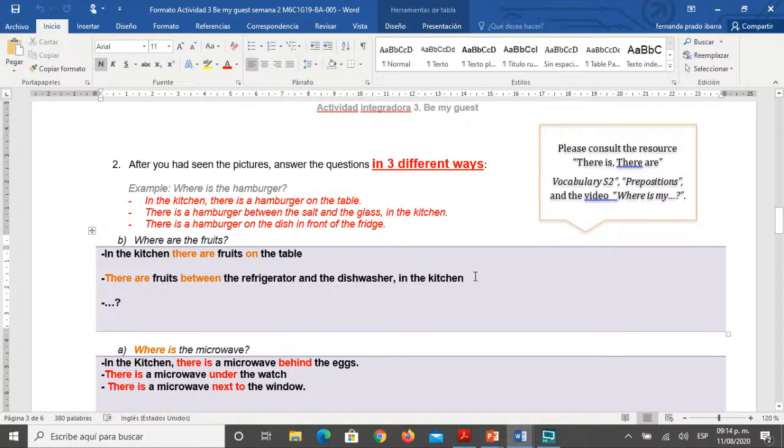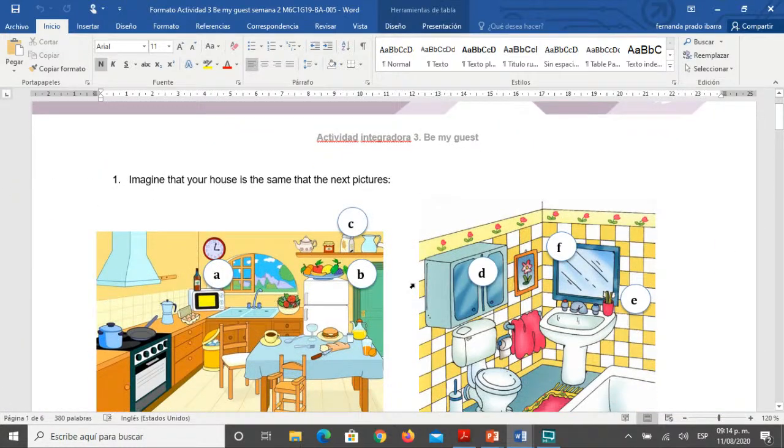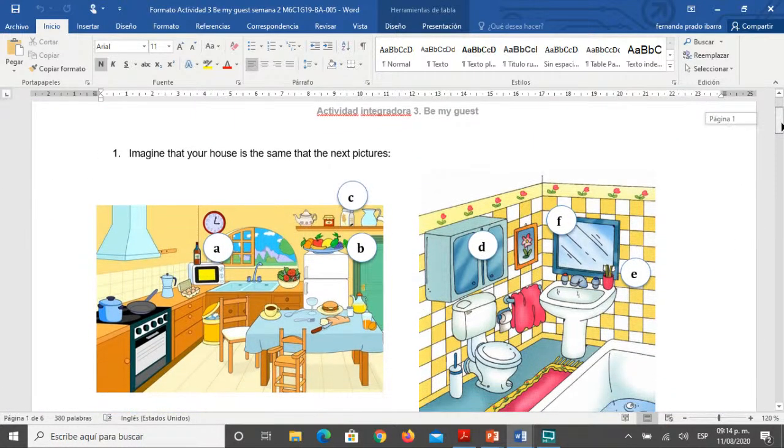Obviously, I have to check the resource vocabulary S2 in order to get the vocabulary about the kitchen, the room, or the house in general, to complete my sentence in a very correct way. And in the last one, I said also, there are fruits on the refrigerator in front of the window, for example, or next to the window, okay, for the third answer.